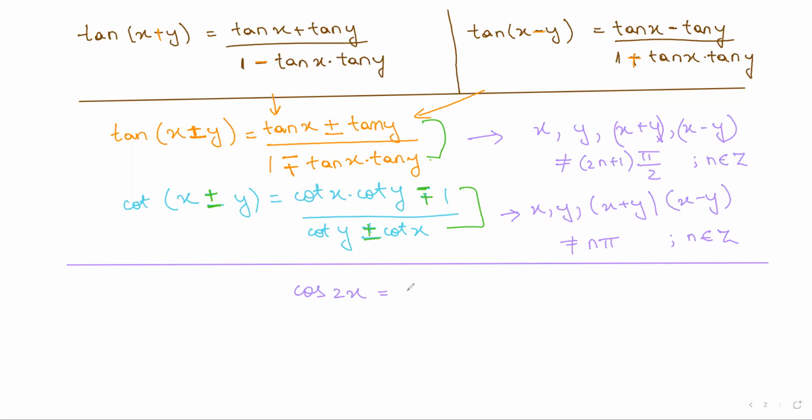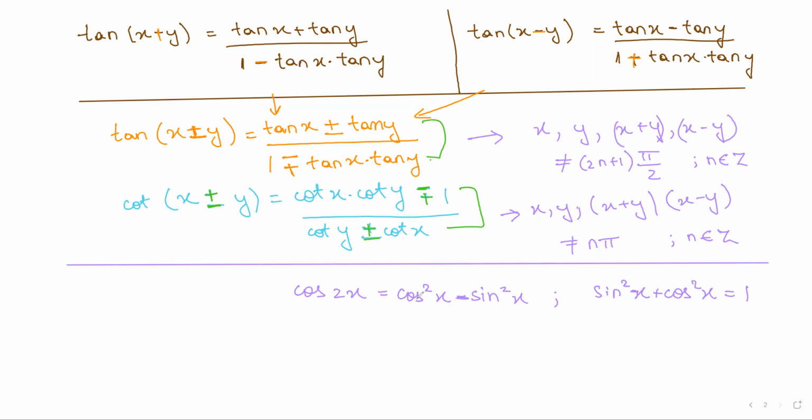Cos 2x will be equal to cos square x minus sin square x. We already know the trigonometric identity that sin square x plus cos square x is equal to 1. Observe you have a minus sign over here and the first term is cos square x. Cos square x means you're taking the square of cos x.